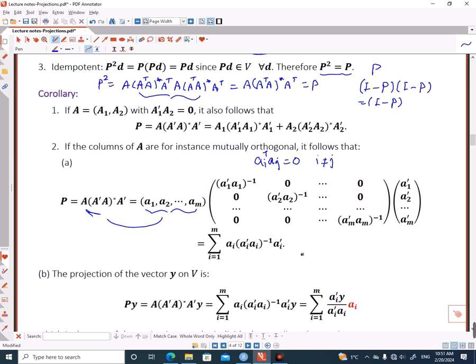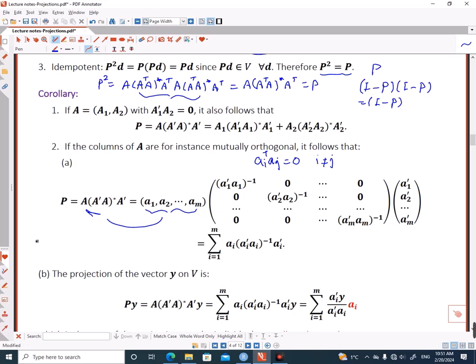You know that when you want to invert a diagonal matrix, you only need to invert the entries on the diagonal. So here we just invert the diagonals, and then A prime is actually the transpose of this matrix.